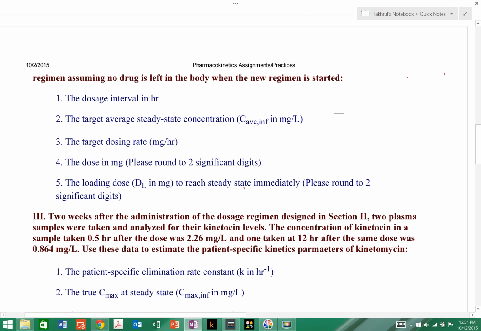When you calculate the loading dose, you need to calculate RSCC. For RSCC you use the same K, which does not change, but you have to use the new tau, which is 12 hour in this case. Do not get confused about which data you need to use and which data you cannot use in this set of problems.